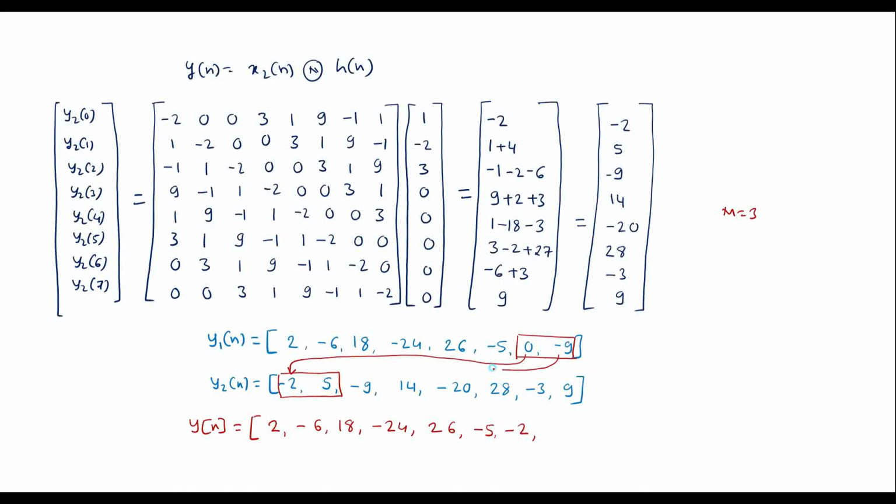This minus 9 should be added with 5, it gives minus 4. Now the remaining samples should be written as they are, that is minus 9, 14, minus 20, 28, minus 3 and 9. So this is the output sequence y of n.